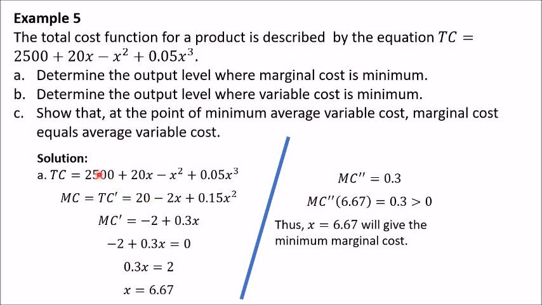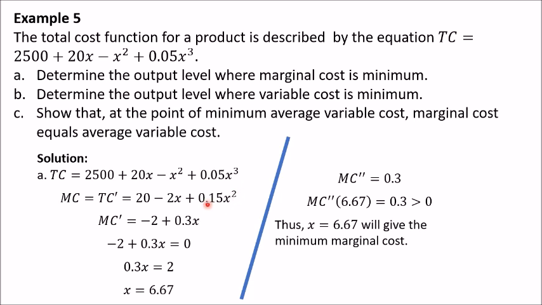Derivative of 2500 is 0, so no need to include here. Derivative of 20x is 20, minus derivative of x squared is 2x, plus derivative of this 0.05x cubed: multiply 3 times 0.05, that is equal to 0.15, then x. Subtract 1 from the exponent, so x squared.